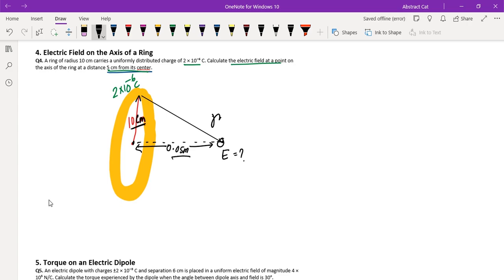So electric field at that point E is equal to some value of K here, in that direction obviously. That is not along the axis. So here E vector, and in that direction the angle be theta. The component along the axis is E cos theta.